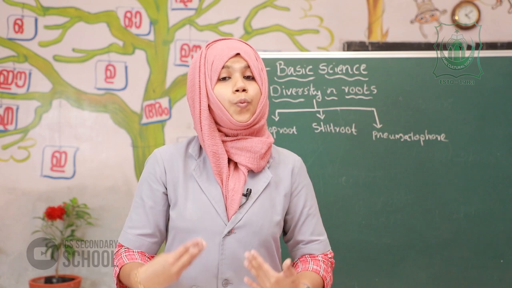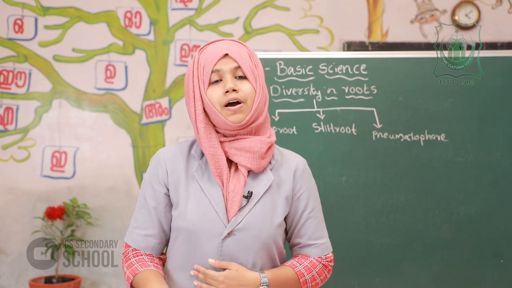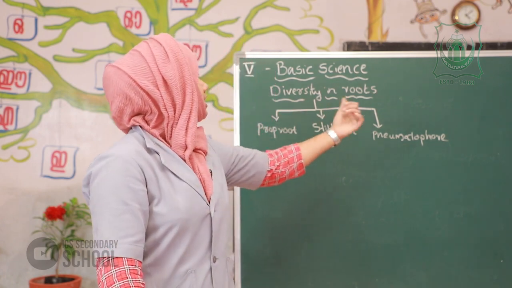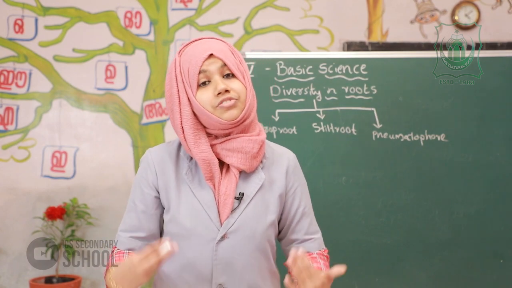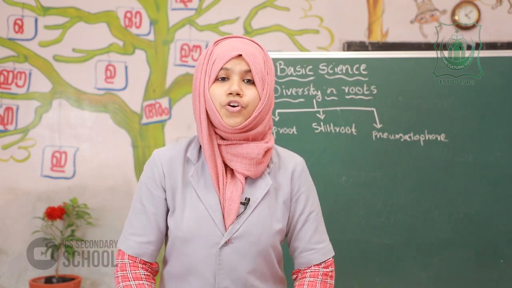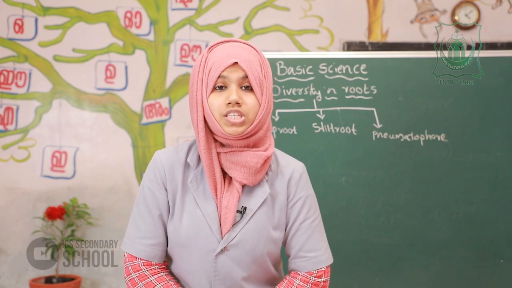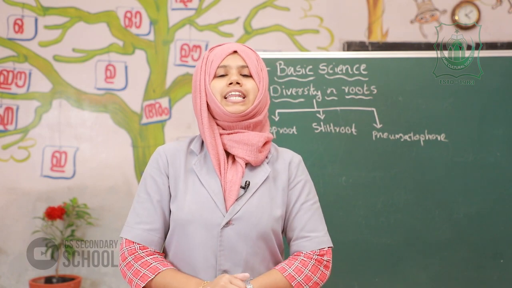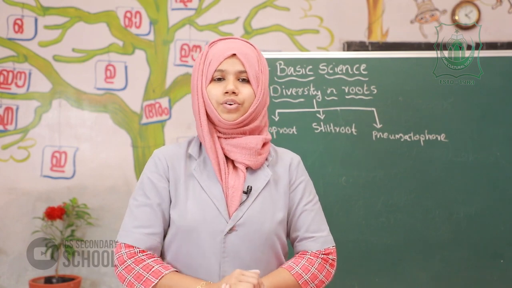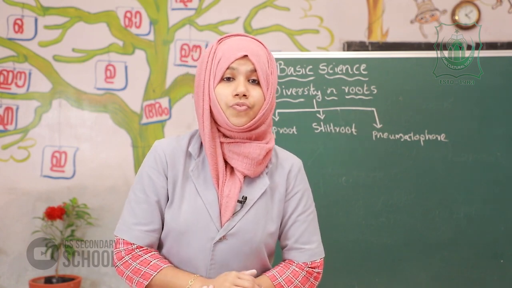Now we are going to learn about the diversity in roots. There are different kinds of roots. Before that, I want to know the importance of roots. Root is an important part of a plant. What is the function of a root?